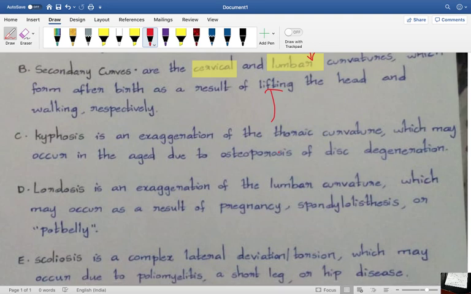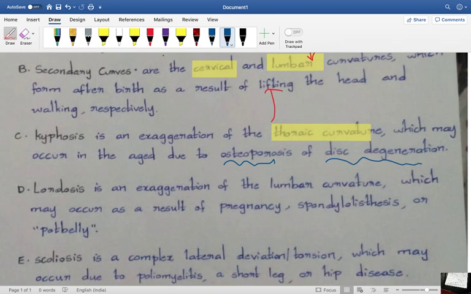What is kyphosis? Kyphosis is an exaggeration of the thoracic curvature. So what is responsible for kyphosis, doctor? Osteoporosis, disc degeneration. When you become aged, you become kyphotic.